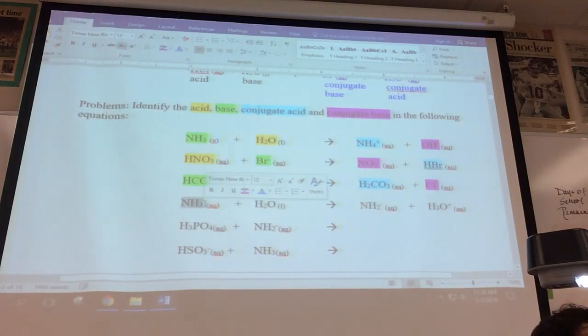I look here and I look here. To go from here to here, did I lose or accept? I lost. So this would be acid, and this would be base. The acid forms a conjugate base. The base forms a.